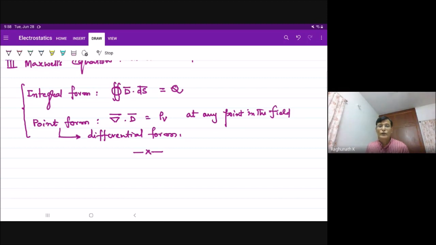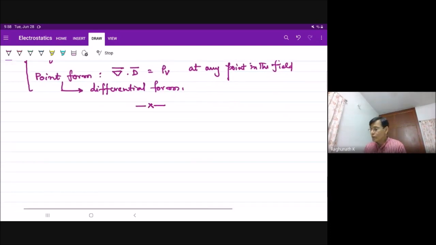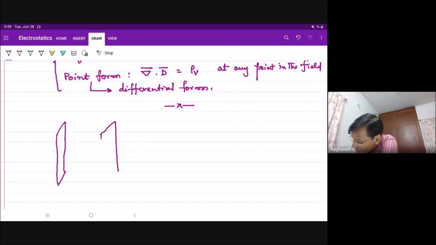Listen, first application. This is what I use later on to determine the capacitance of a parallel plate capacitor. Suppose I have two plates of area A exactly parallel to one another and separated by a distance d.